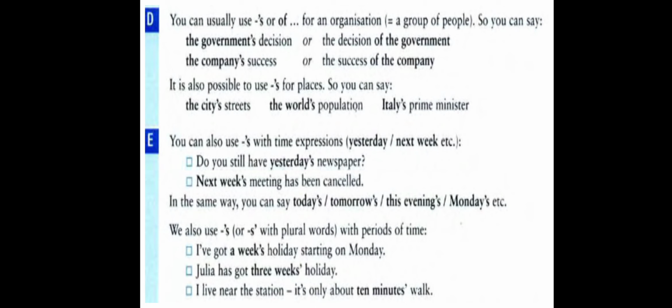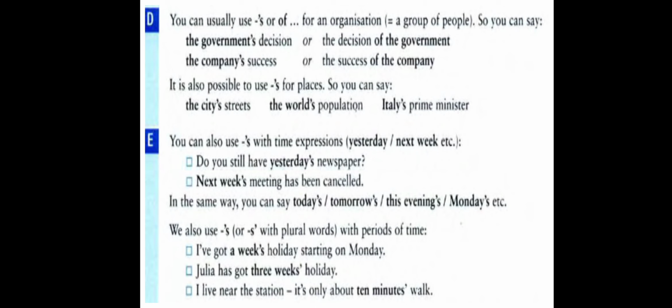So next week here is a date, a time, so we use apostrophe plus s. So it becomes next week's meeting has been cancelled. In the same way, you can say today's or tomorrow's or this evening's or Monday's. All are expressions of time, so we can use apostrophe plus s to express possession with them.